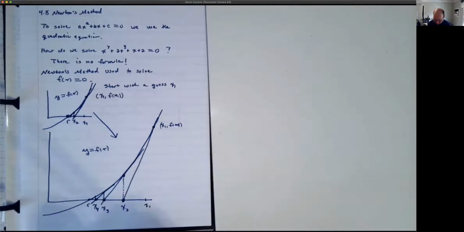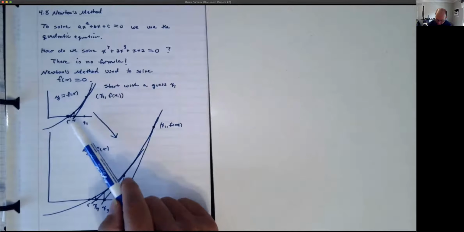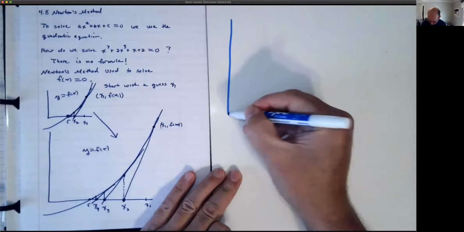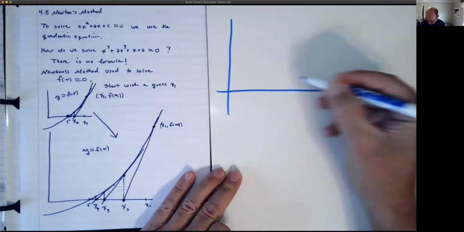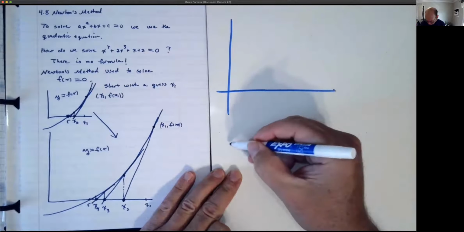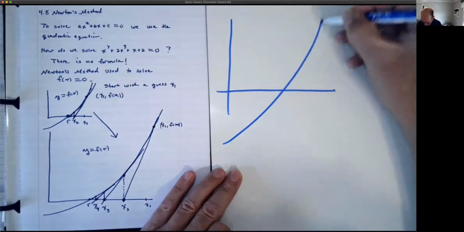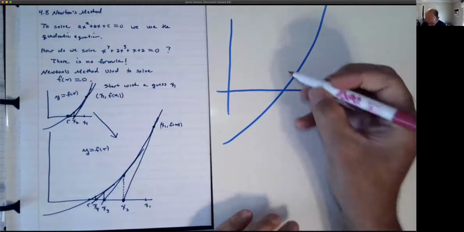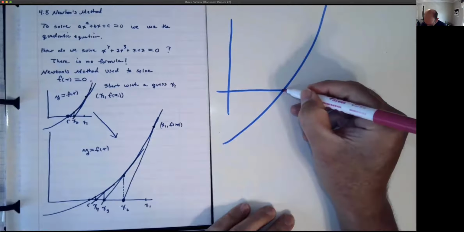So the idea is that we have some graph, and we would like to know where the graph crosses the x-axis. This is what we're looking for, right? This is our root.